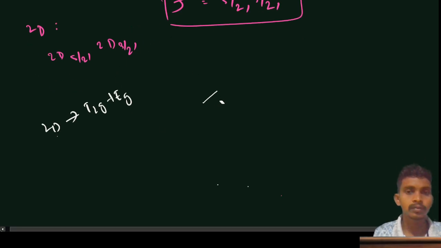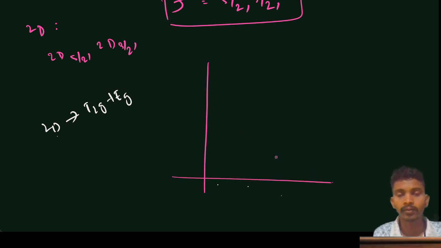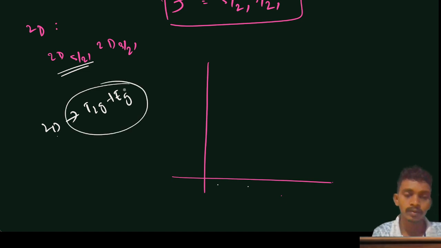Okay, so if I draw this Orgel diagram, what is there? For this d2, these are possible, this is the Mulliken notation.